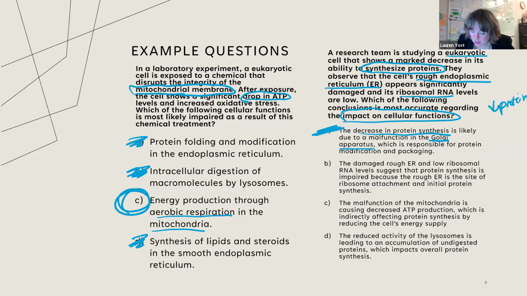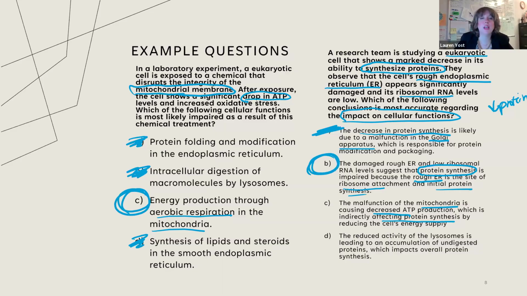Our next choice: the damaged rough ER and low ribosomal RNA levels suggest that protein synthesis is impaired because the rough ER is the site of ribosomal attachment and protein synthesis. This is probably our right answer. The malfunction of the mitochondria has caused decreased ATP, which would affect protein synthesis. Now, if we did have a malfunction in mitochondria that caused decreased ATP production, might we have a decrease in protein synthesis?